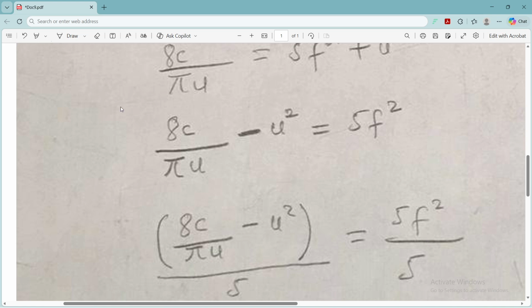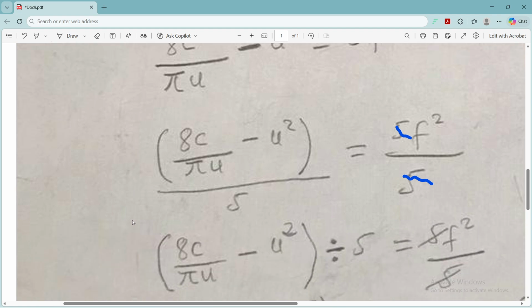So 5 would cancel itself, to cancel the 5 here, leaving f squared to stand on its own, right?